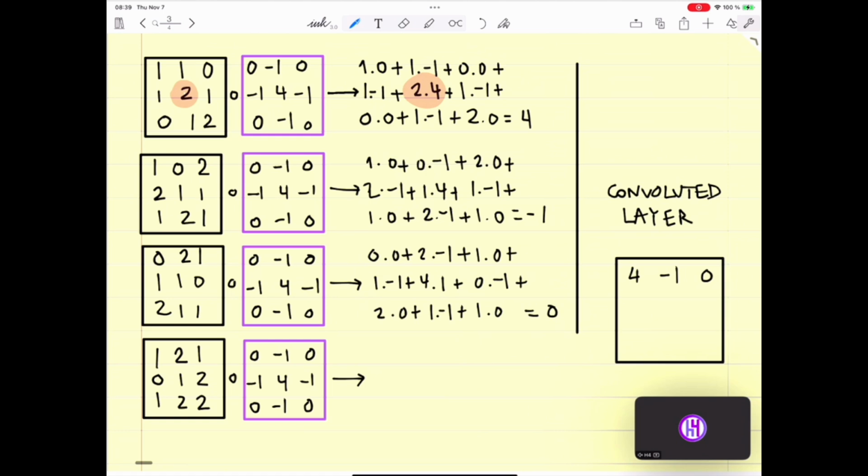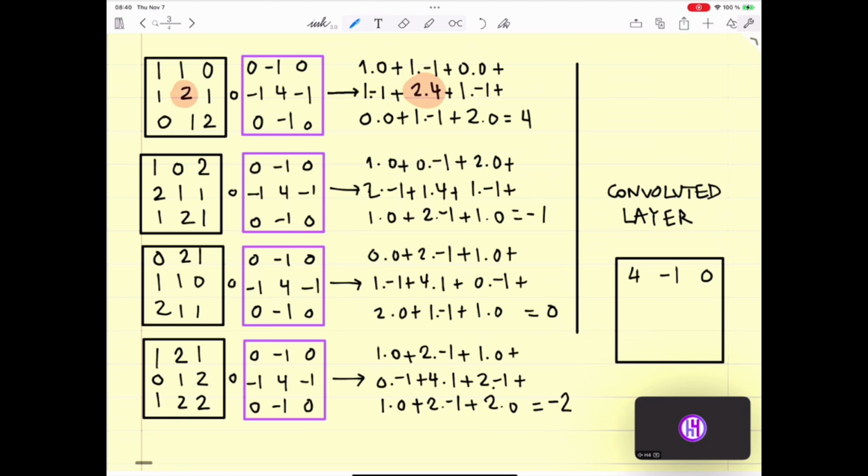So 1 times 0 plus 2 times minus 1 plus 1 times 0 plus 0 times minus 1 plus 4 times 1 plus 2 times minus 1 plus 2 times 1 times 0, 2 times minus 1 plus 2 times 0, equals minus 2, 2, 0, minus 2.